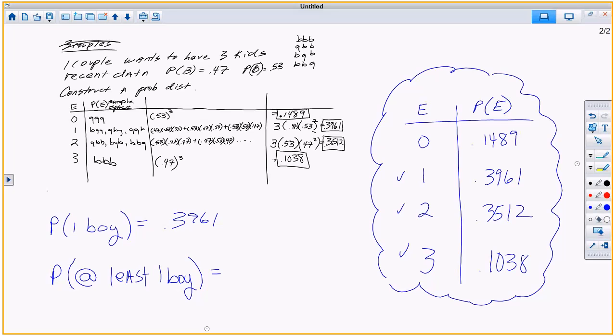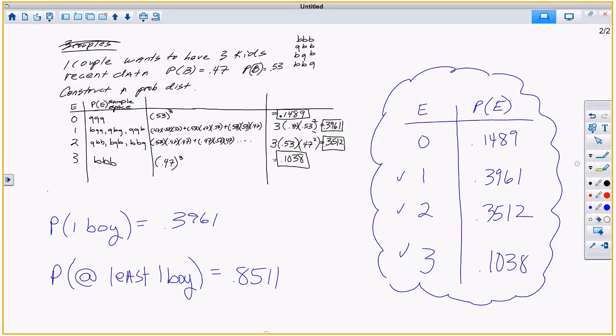Well, I'm not going to add all those up. I'm just going to take the complement. What's 1 minus 15 cents? 85 cents. So it's 0.85, or 0.8511. And that's how you read a probability distribution.